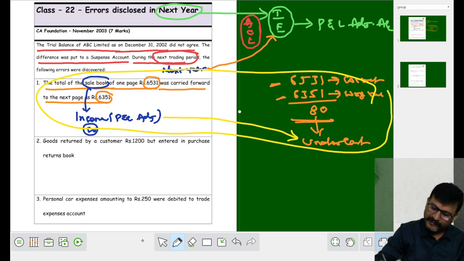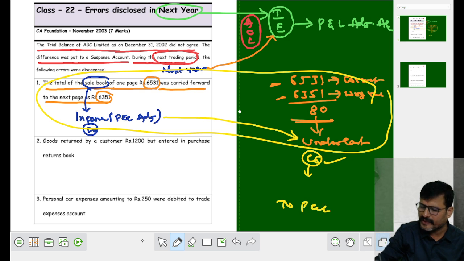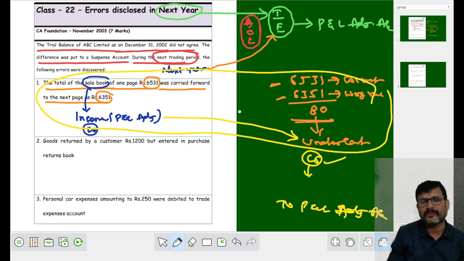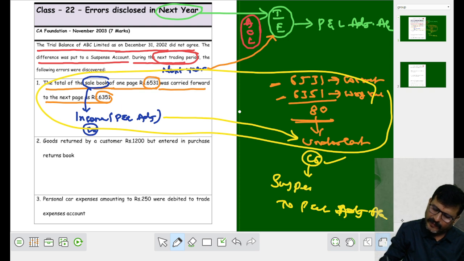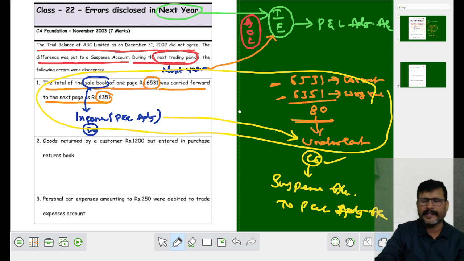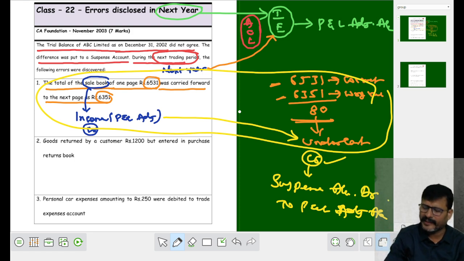We have to take it on the same side, that is the credit side only. So on the credit side, what am I supposed to write? Instead of sales, I have to take the P&L adjustment account. Then what should I write on the top? Since it is a one-sided error, I have to write suspense on the debit side. So for this, the journal entry will be suspense account debit to the P&L adjustment account.